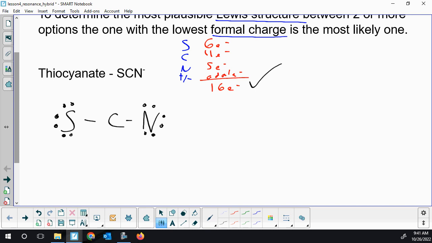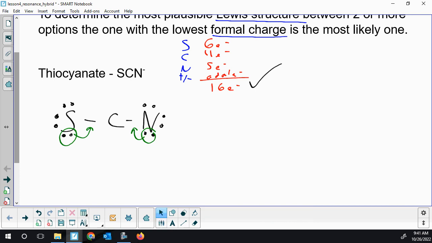Okay. I could pull from both sides. Okay. I could pull those in, and then I could pull in from the other side. So carbon has 4 electrons to begin with. I could pull from the sulfur 5, 6, and then from the nitrogen 7, 8, and get an octet.